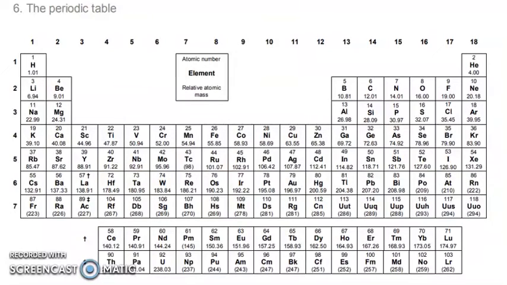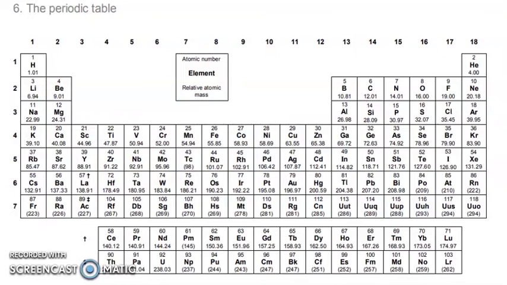If we want to calculate the relative formula mass of sodium chloride, how do we do it? First we have to get the relative atomic mass for each element. For sodium, where is sodium? Sodium is right here.